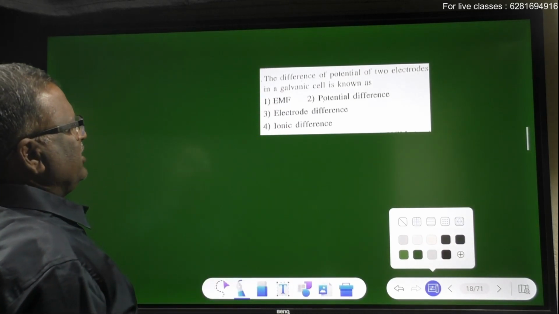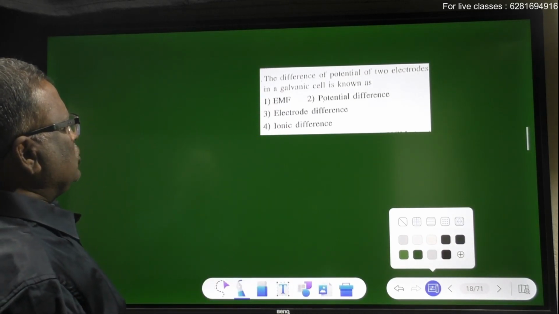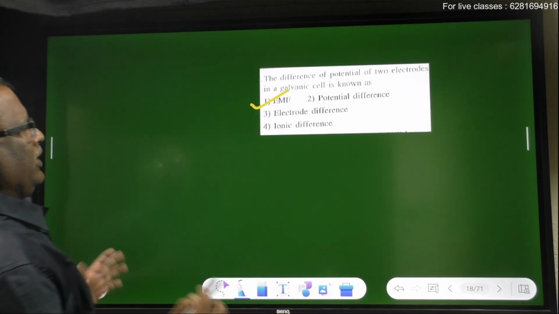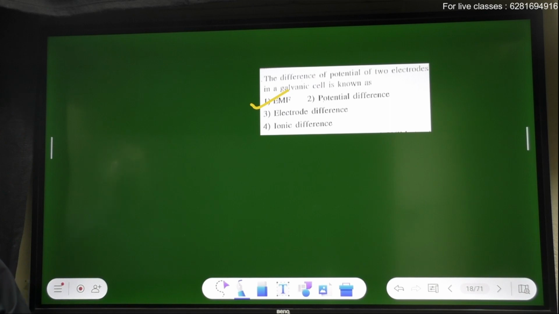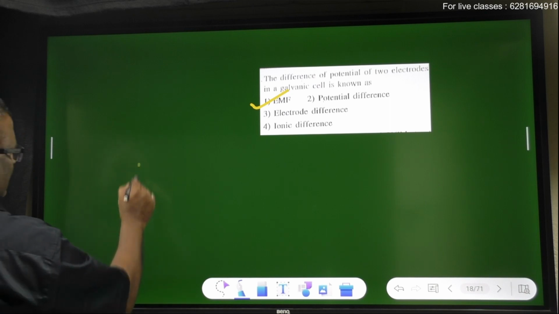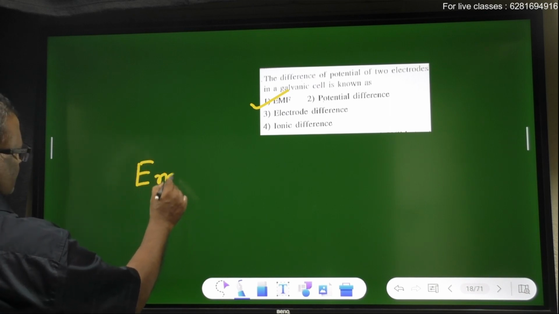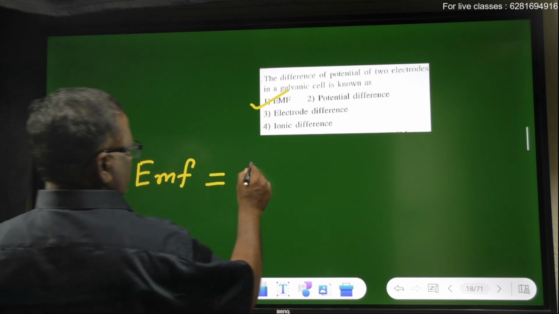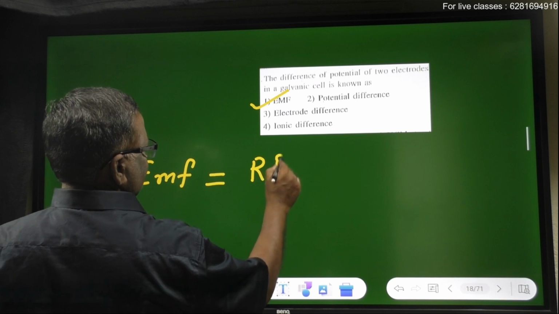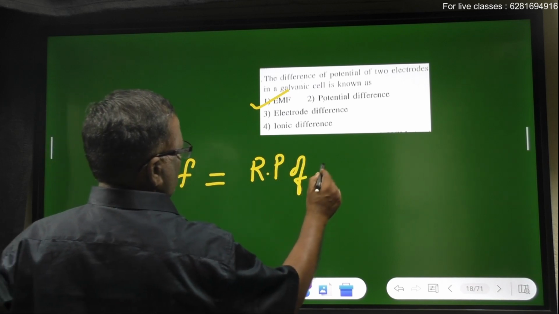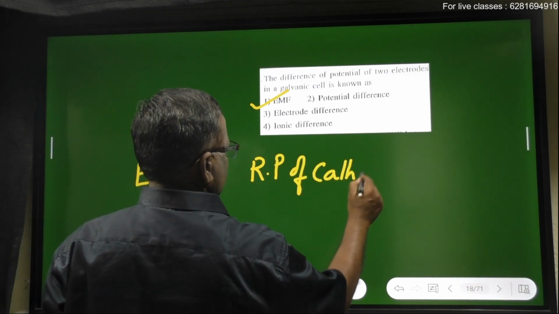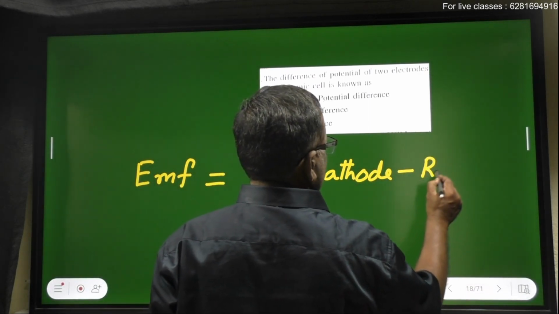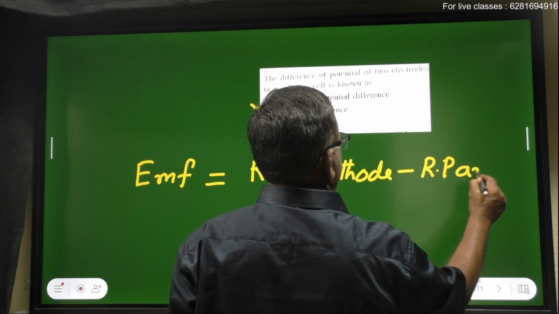The potential difference of two electrodes in a galvanic cell is known as EMF. The EMF of a cell is equal to the reduction potential of cathode minus reduction potential of anode.